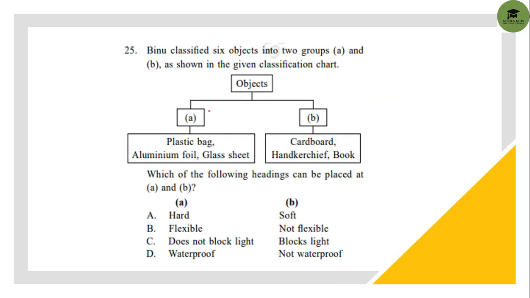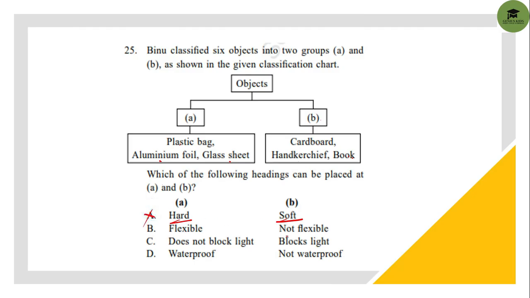Now last question in this part 1. Binu classified 6 objects into 2 groups A and B as shown in the given classification chart. Group A: plastic bag, aluminum foil, glass sheet, and in B: cardboard, handkerchief, and book. Which of the following headings can be placed at A and B? A, hard; B, soft. No. Cardboard and book are hard, so this cannot be the correct one.